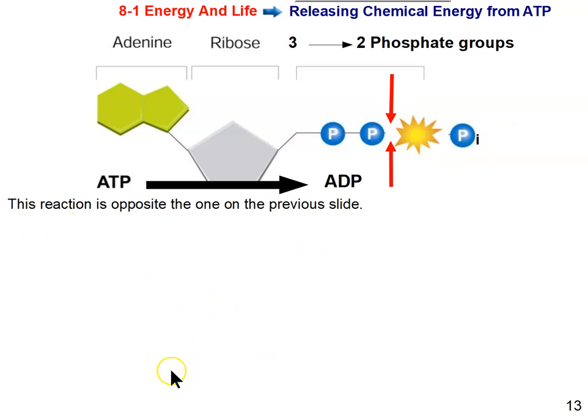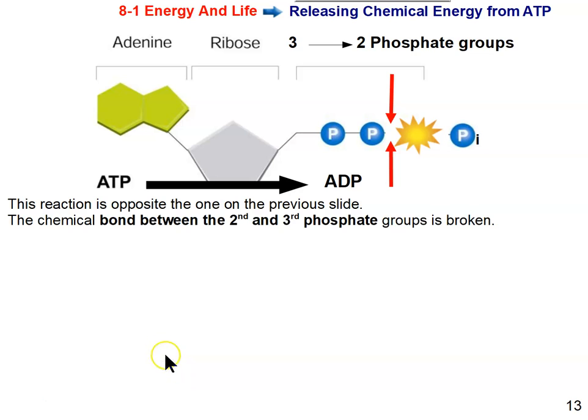The chemical bond between the second and third phosphate is broken. I made that bold because that's the important part of the ATP molecule. ATP gives up its chemical energy by breaking that bond between the second and third phosphate. That's the most important bond in ATP.